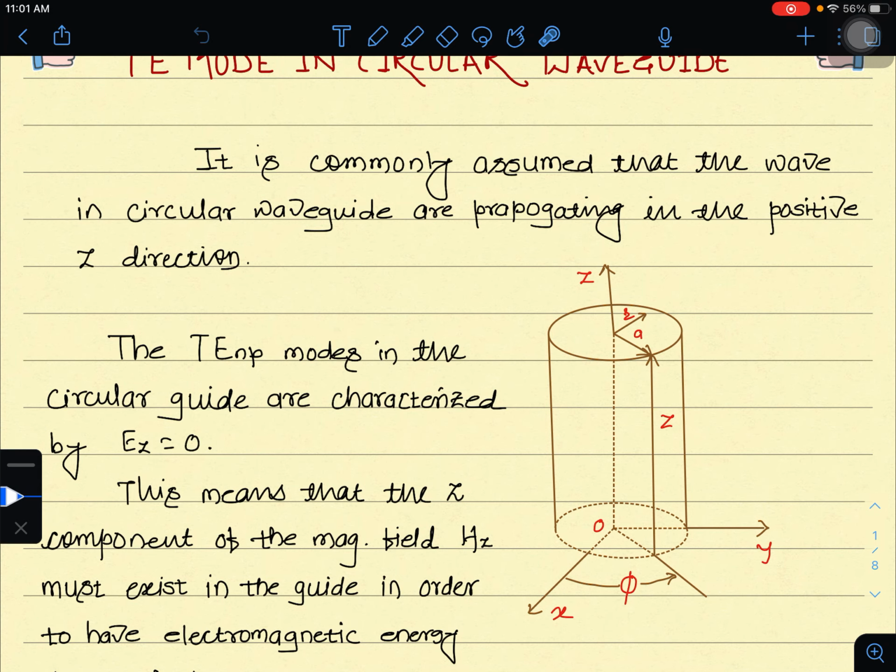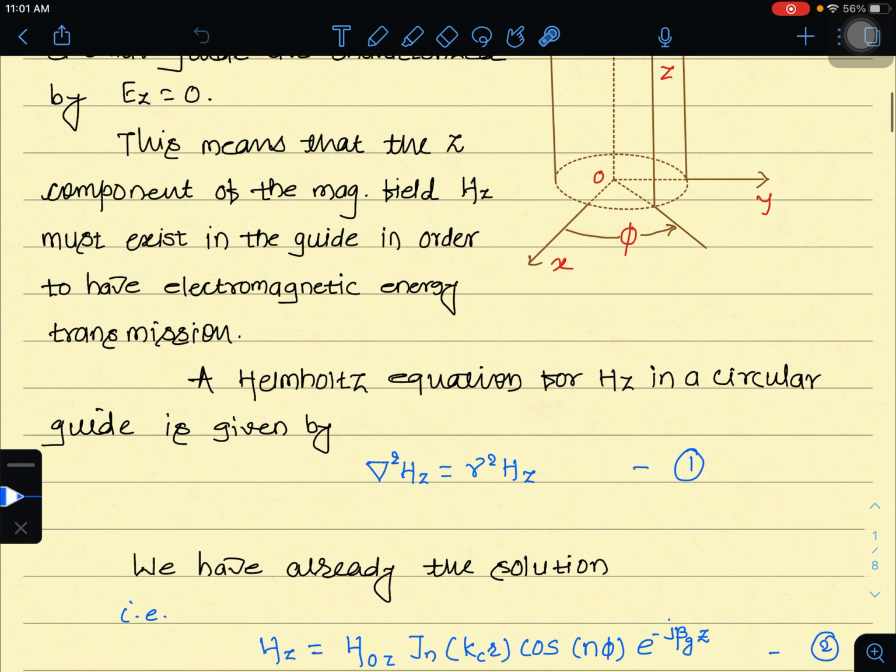Now we know the Helmholtz equation in a circular guide, that is del square Hz is equal to gamma square Hz.